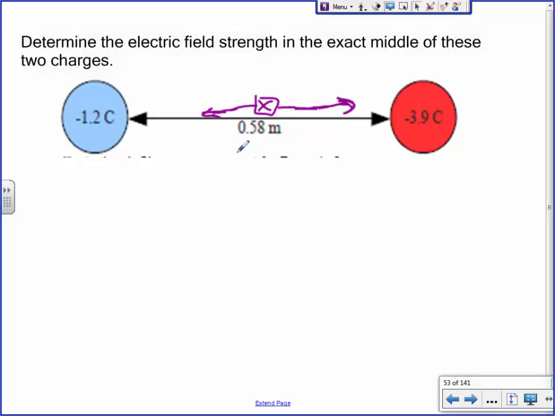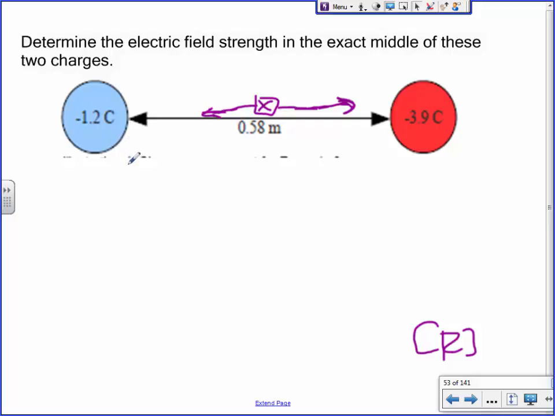Who's going to win this fight? The 3.9, right? Only because it's bigger, right? If it wasn't dead center in the middle, we'd have to consider distance as well. So I do know which way this is going to go. By the time we're done, it's definitely going to the right. Does that make sense? Because this one is going to beat out this one in terms of its fight for electrons.